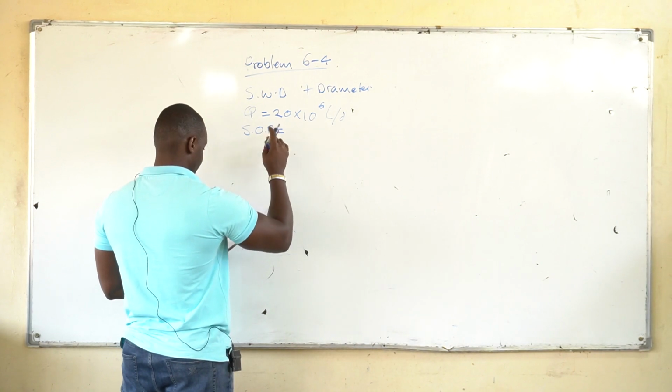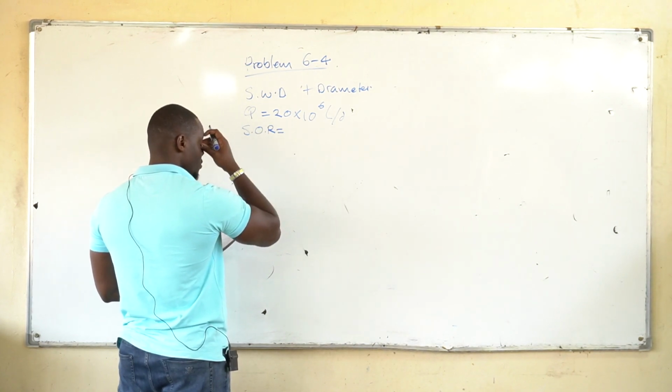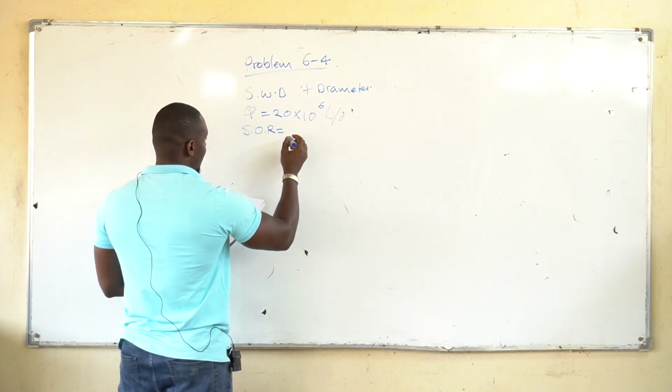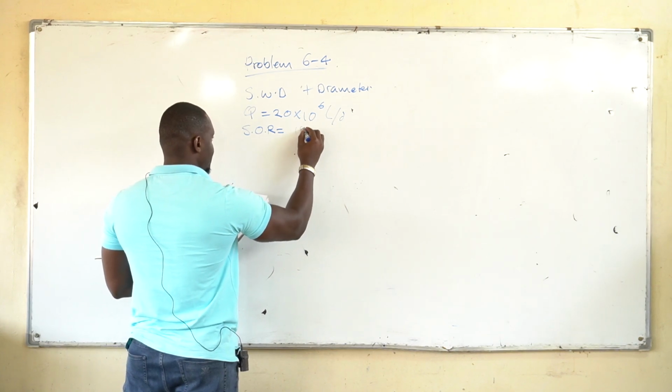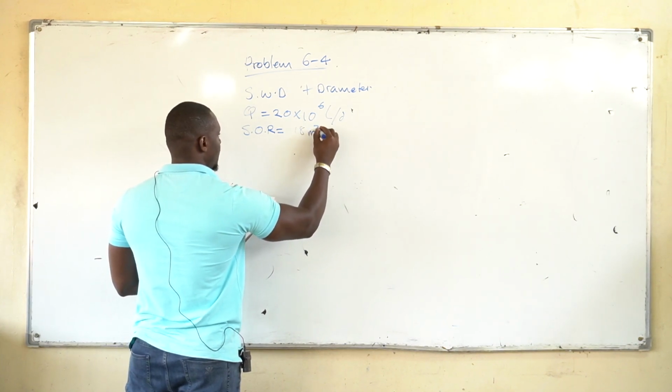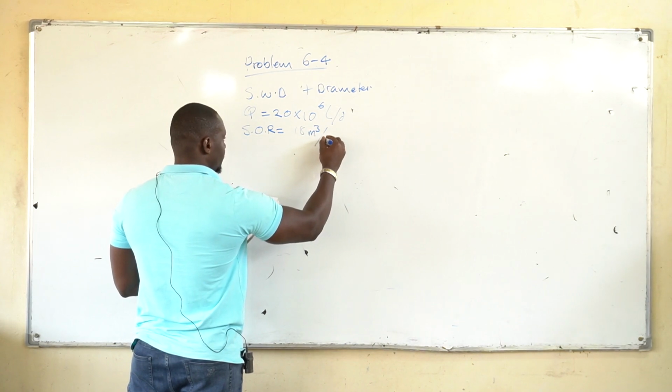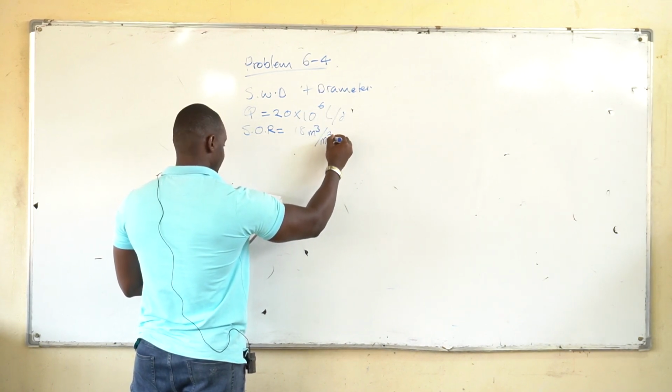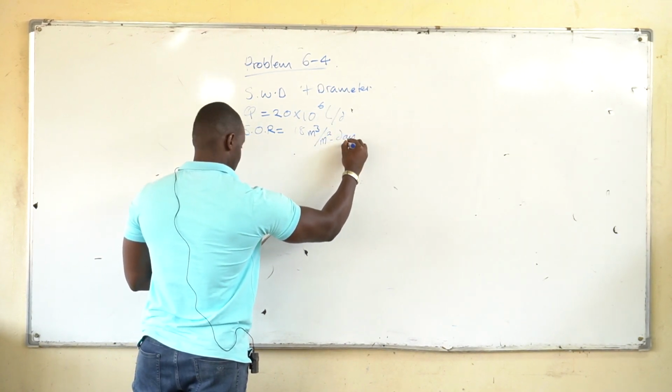What is the SOR? Surface overflow rate, here taken as 18 cubic meter per square meter per day.